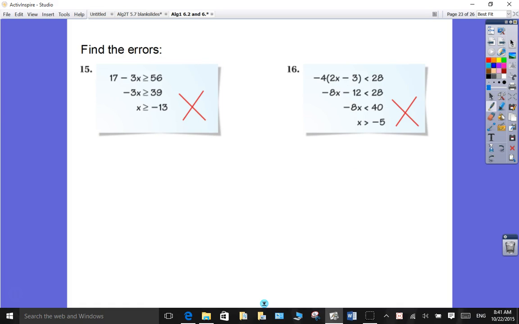Spot the errors. Again? Holy mackerel. This is not the same one we did before, is it? No, it's multi-step. But they didn't flip the inequality symbol, so that's wrong.